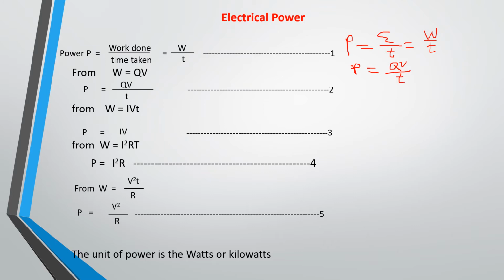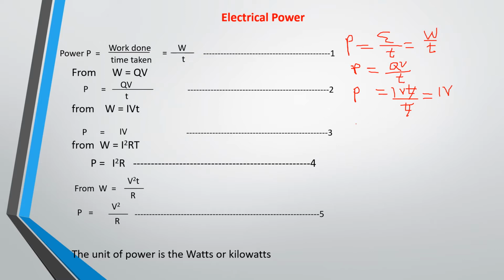Power can also be IVT over T, so this will cancel out, and power will be equal to IV.